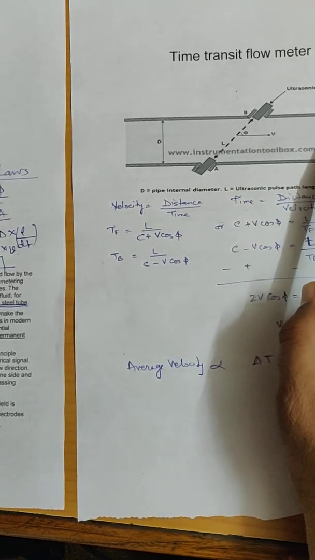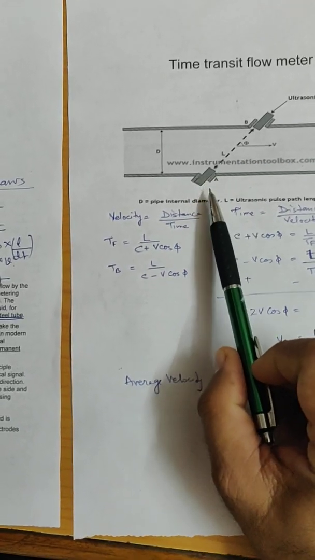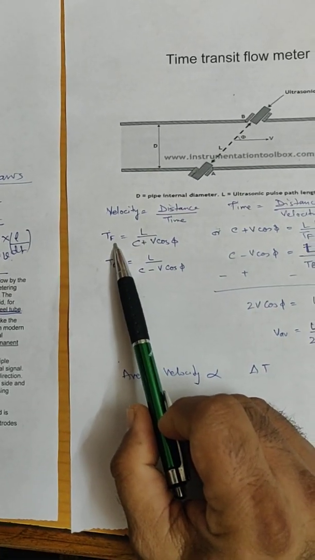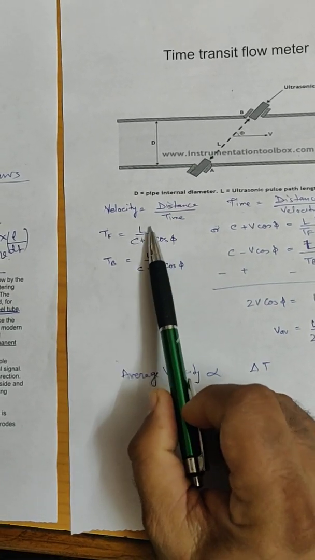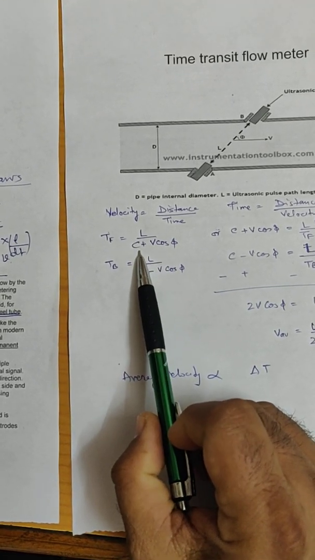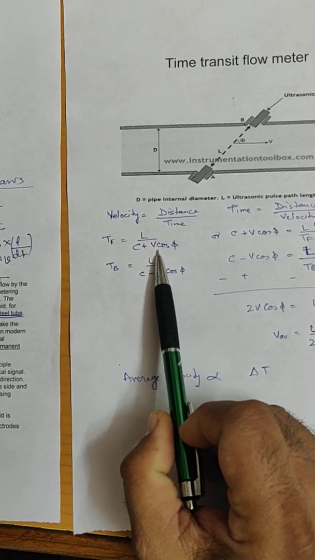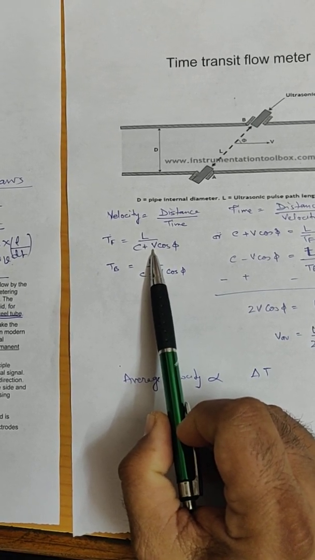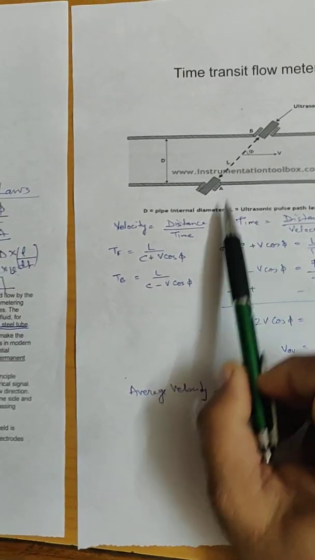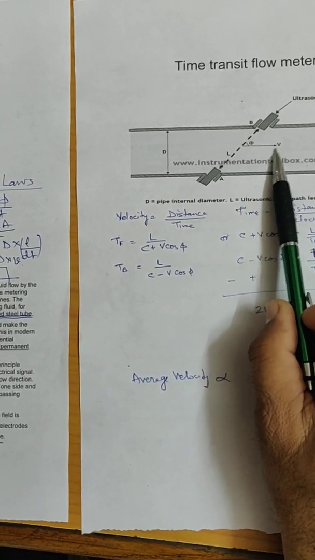If the velocity of the fluid supports the velocity of the sound wave, then the forward time is equal to L upon C plus V cos φ, where C is the velocity of sound, V is the velocity of the fluid, and V cos φ is the vector component along the sound wave.